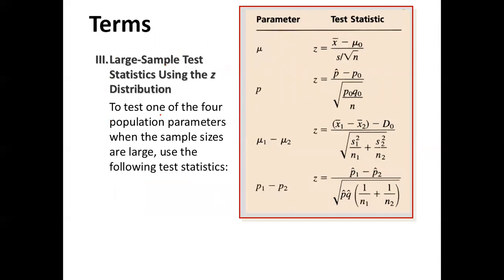For a large sample test statistic, large sample refers to greater than 30, so we are using the Z distribution.